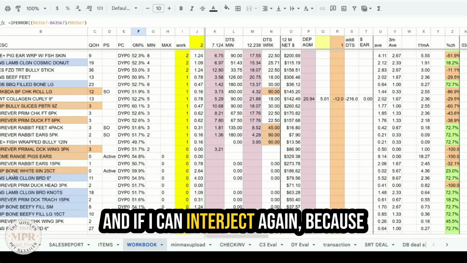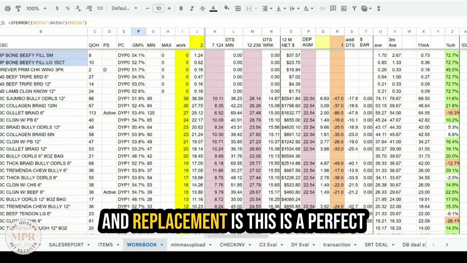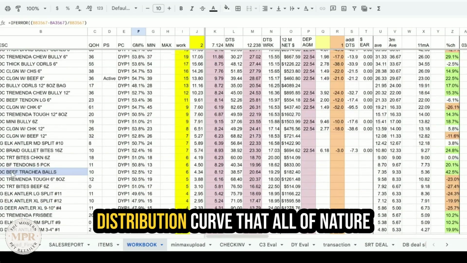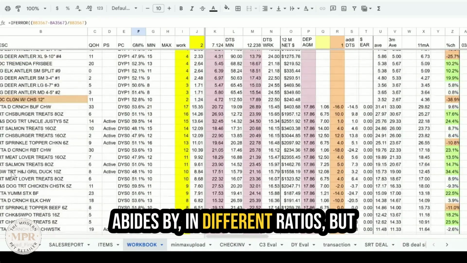Yeah, and if I can interject again, because we're talking about both elimination and replacement, this is a perfect example. If you're familiar with the term Pareto's law, 80/20, it's a distribution curve that all of nature abides by in different ratios.